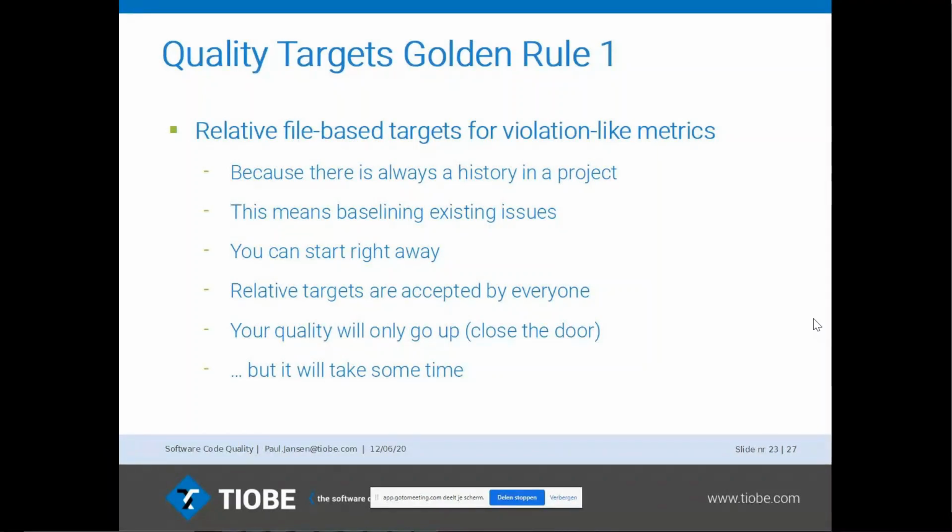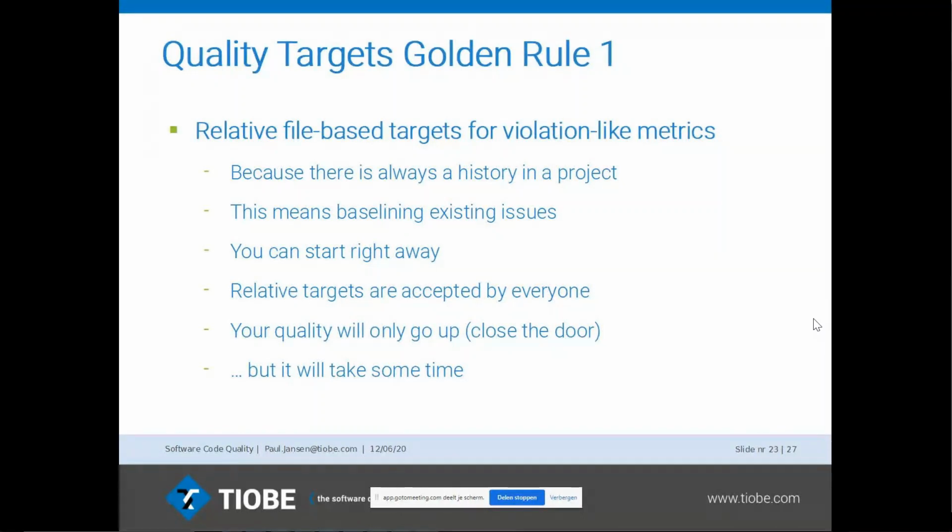So let's say something like, we do not accept new compiler warnings of severity level 1, 2, and 3, for instance. And the good thing here is you can start right away. We just say we baseline the history, what is already there, no problem. We didn't know in the past, but now we are starting with quality targets. From now on, we don't accept anything new anymore.